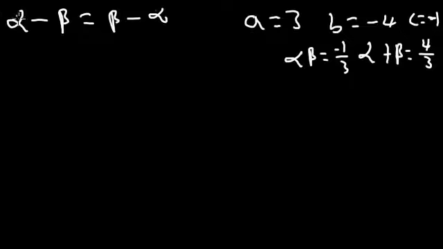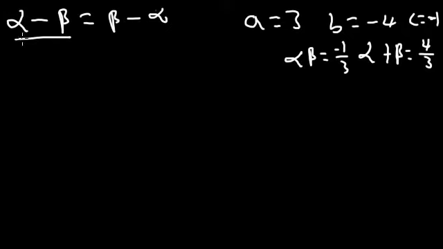But from our knowledge, right from the beginning of this video, we said that relations in terms of alpha and beta are said to be symmetric in the sense that when alpha and beta are interchanged, the results remain unchanged, or the results are multiplied by negative 1.